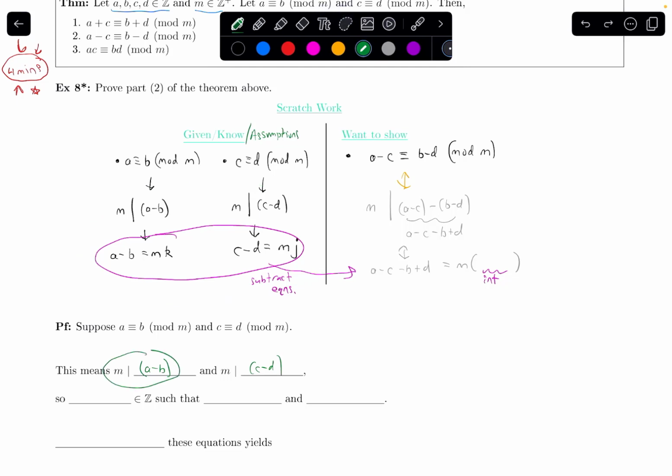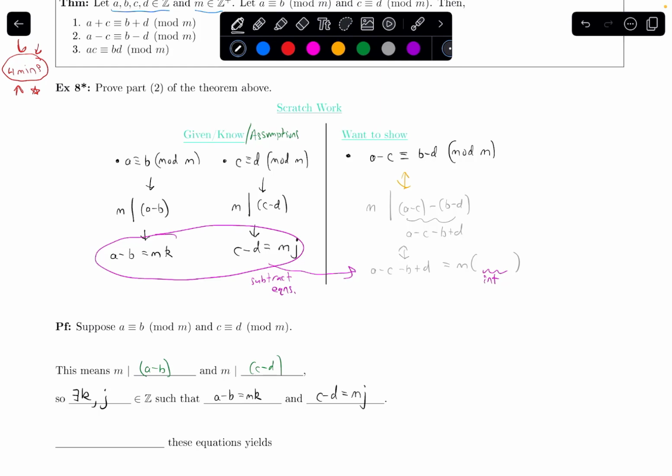Because m divides a minus b, there exists an integer k such that a minus b equals m times k. Similarly, because m divides c minus d, there also exists an integer j such that c minus d equals m times j.